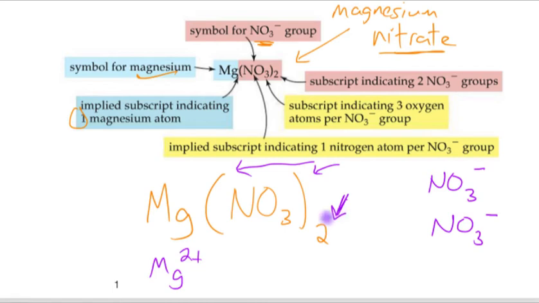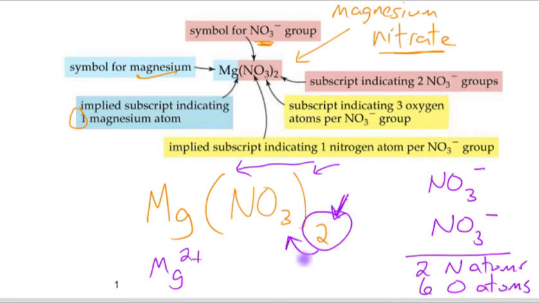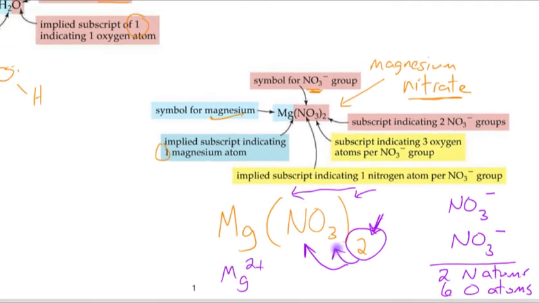But let's go a little further here. I have 2 nitrates. If I want to total up the number of atoms, I'm really talking about 2 nitrogen atoms and 6 oxygen atoms. Whenever we have this 2, we basically distribute it within the parentheses like that.